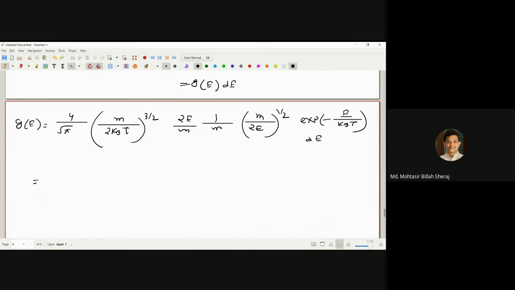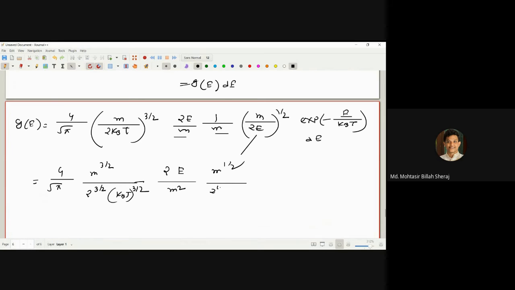Now what we will do, we will just do the calculation of the constant now. So 4 by root pi, m to the power 3 by 2, 1 by 2 to the power 3 by 2, kBT to the power 3 by 2, 2E, m square, m to the power half from this term, 2 to the power half, E to the power half, e to the power minus E by kBT dE.